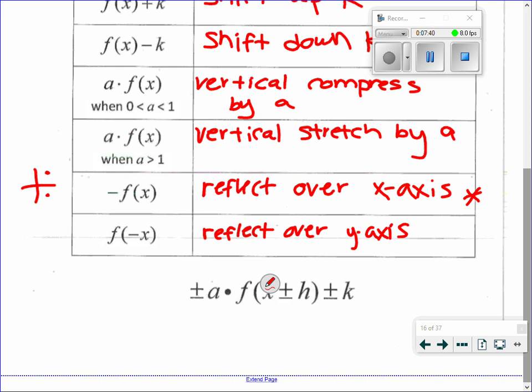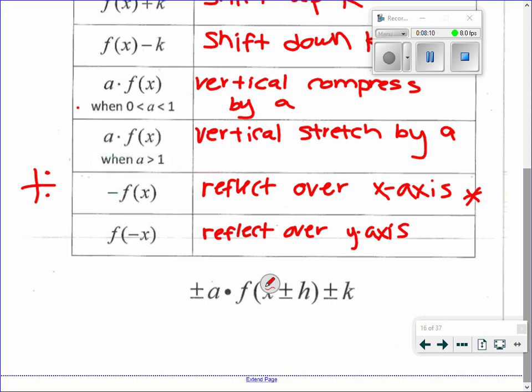If it's vertical compression, I'm taking it from the top and compressing it down and making it more flat. That's the idea behind that one. With those two, think of it like this: only linear functions have slope, but those are where your ideas of slope would be coming in, making that line more steep or more flat.